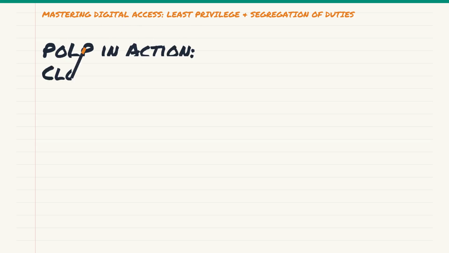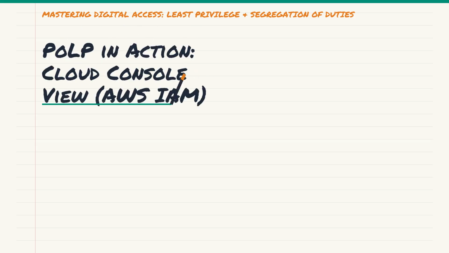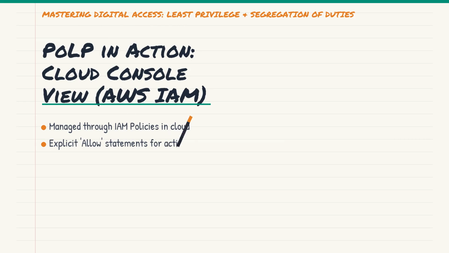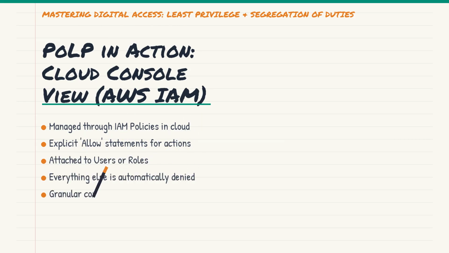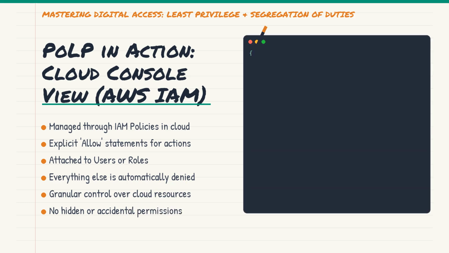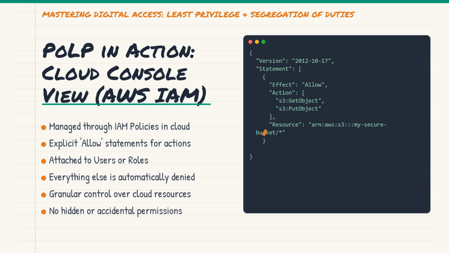In the real world, especially with cloud platforms like AWS, GCP, or Entra ID, you'd manage these privileges using policies. Let's briefly picture an AWS IAM console. You'd define an IAM policy that specifies exactly what actions a user or service can take, and on which resources.